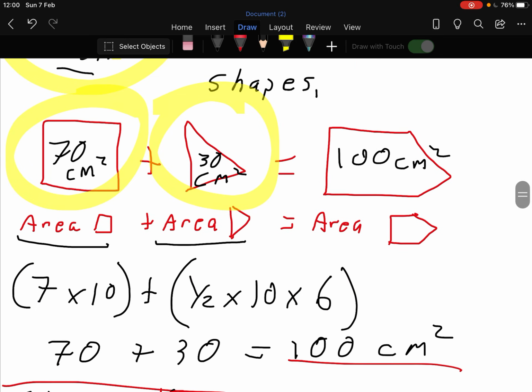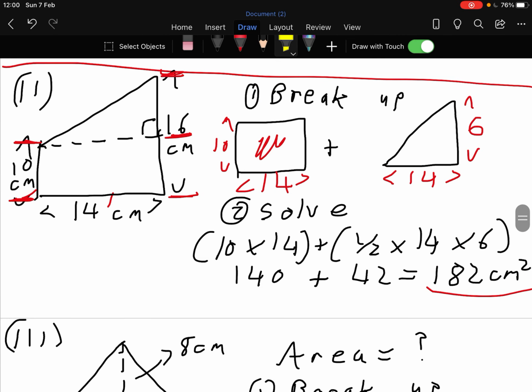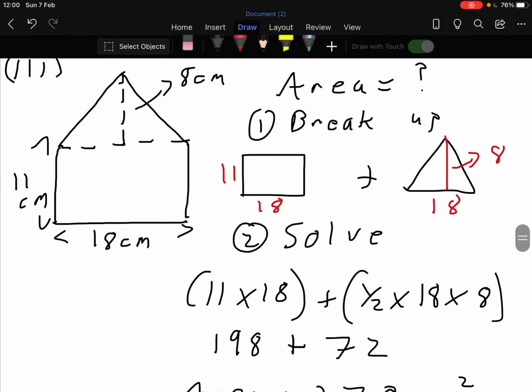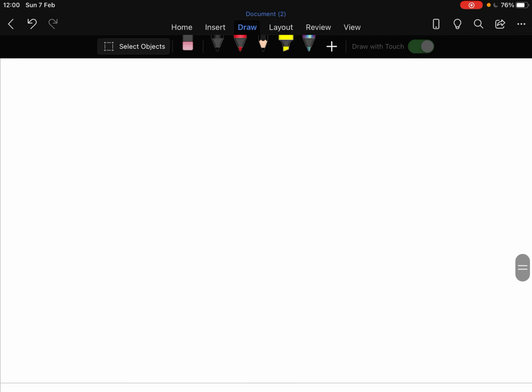Get the area of the rectangle, the area of the triangle. And what that does is that gives you the total area of your new shape. And that's all you do. Look at how many shapes there are. Even here, we got a big awkward shape, but it's basically a rectangle plus a triangle. Down here, same thing, awkward shape, but it turns out to be a rectangle plus a triangle.